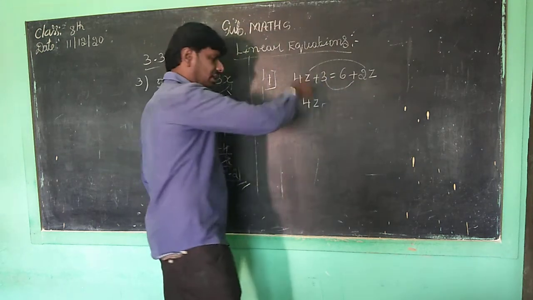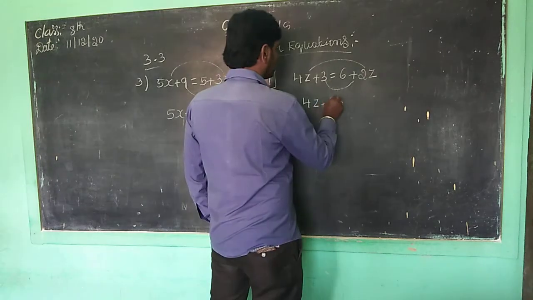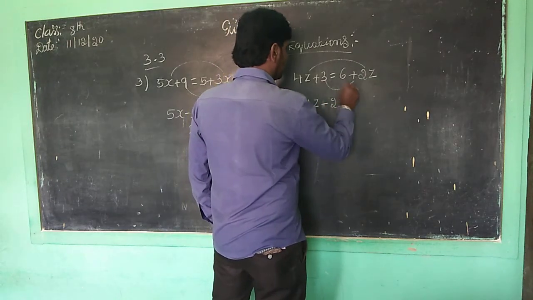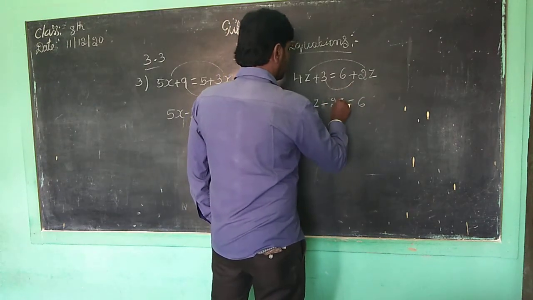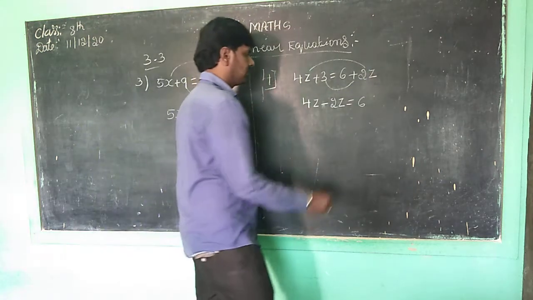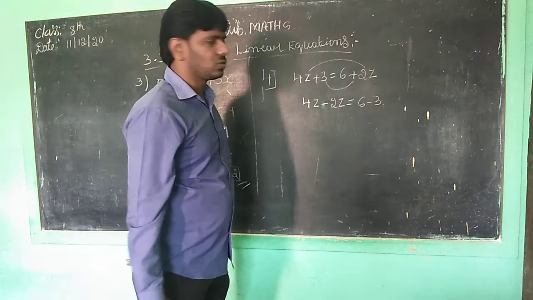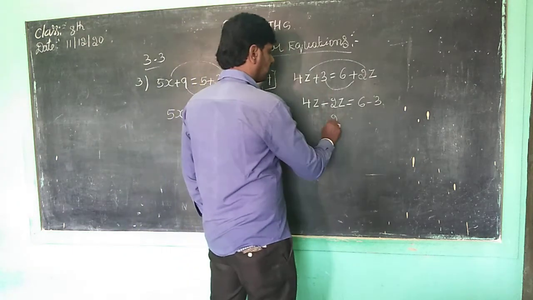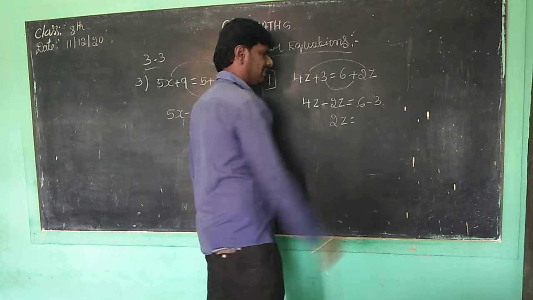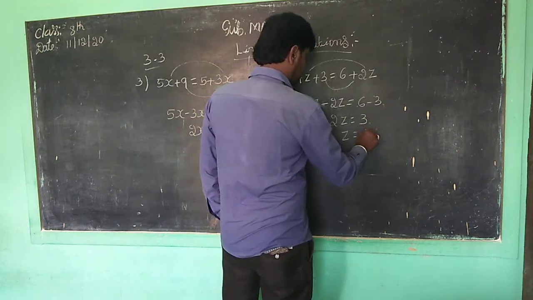This 2z will transpose to the left hand side as minus 2z, is equal to 6. This 3 will transpose to the right hand side, meaning minus 3. 4z minus 2z is equal to 2z, is equal to 6 minus 3, is equal to 3. z is equal to 3 by 2.